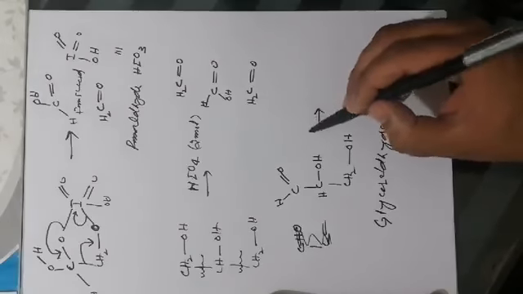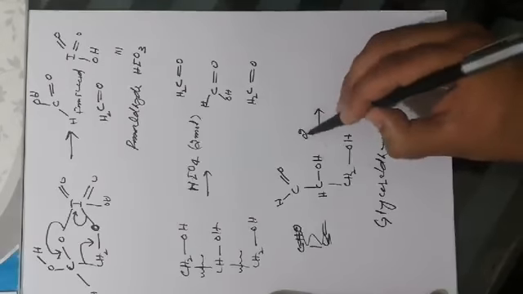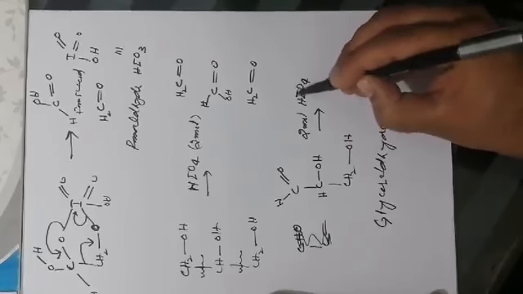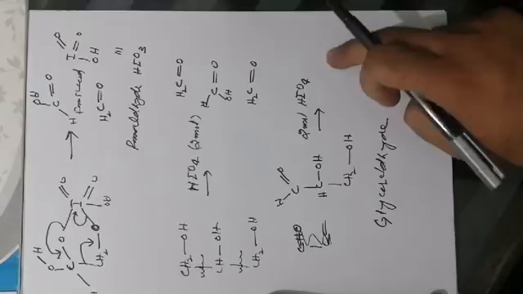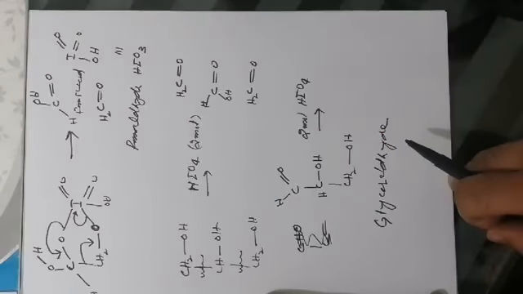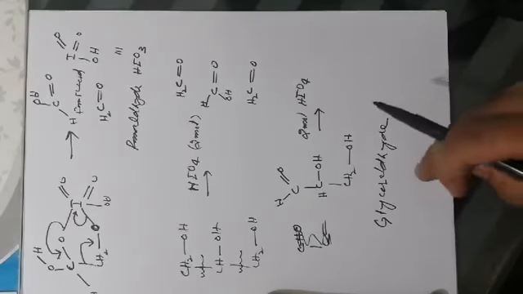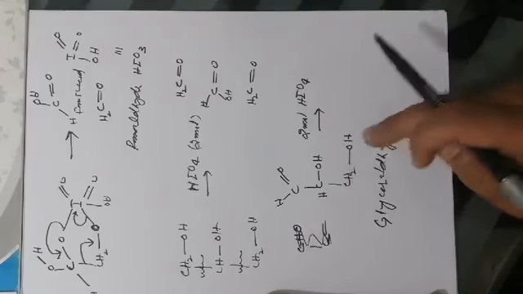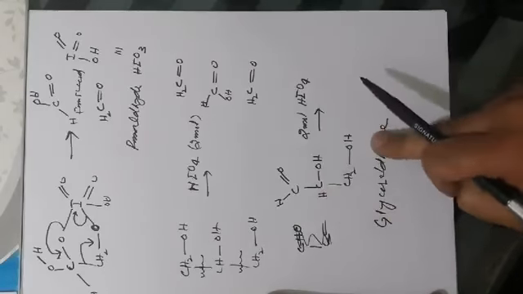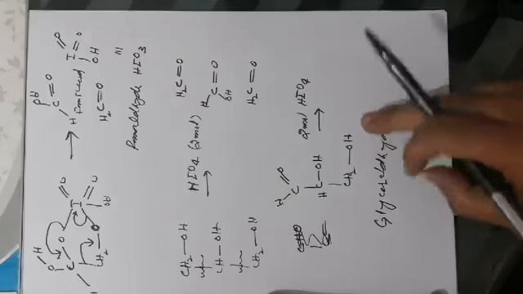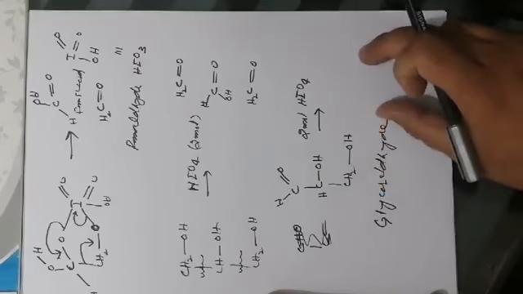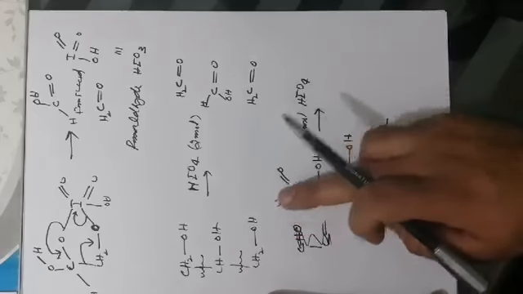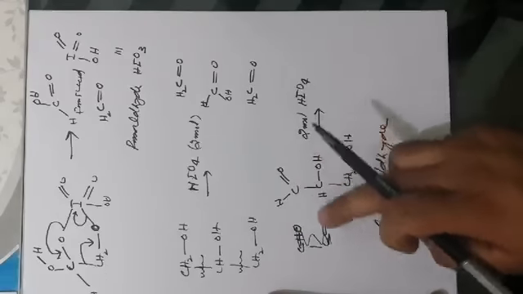And I'm asking you to please react it with 2 moles of periodic acid, HIO4. What will be the product? You will see that the terminal methylene group will change into formaldehyde, and this will change into formic acid, and this would also change into formic acid.